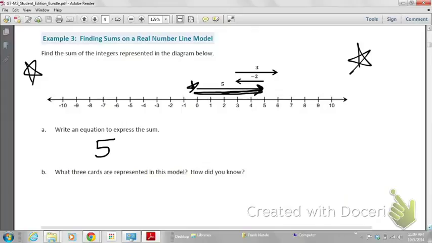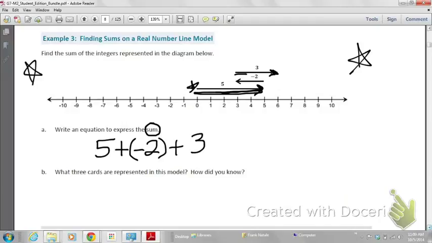But again, these are sums, and sums are addition. So we're going to put plus -2. Then we got to that point, we're now at 3, and then we went to the right another 3. So then we added 3.